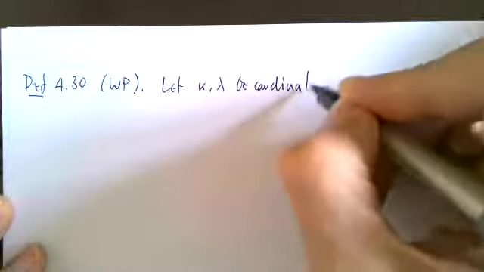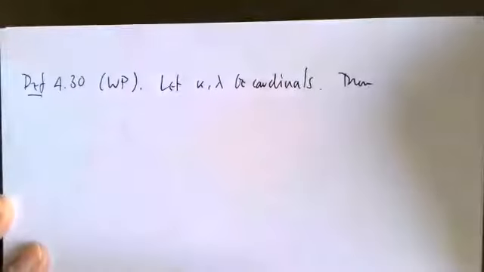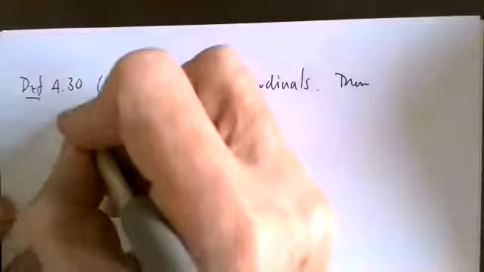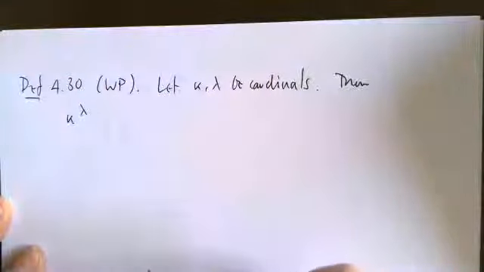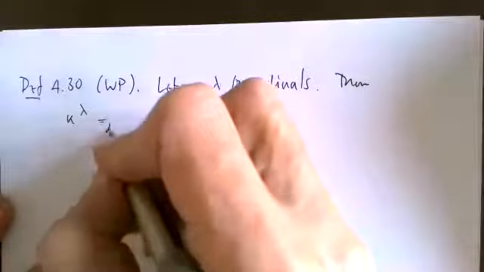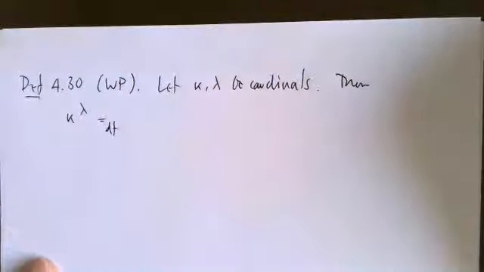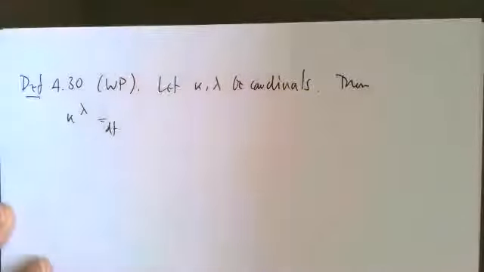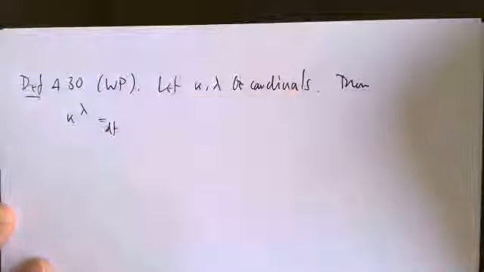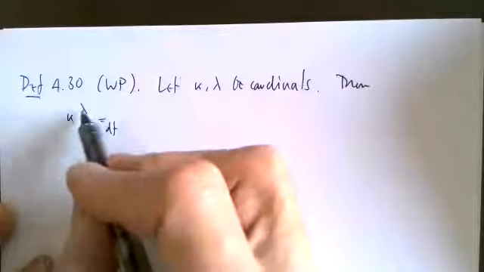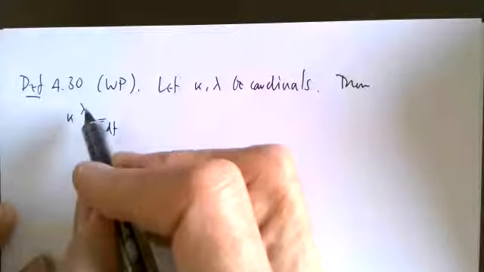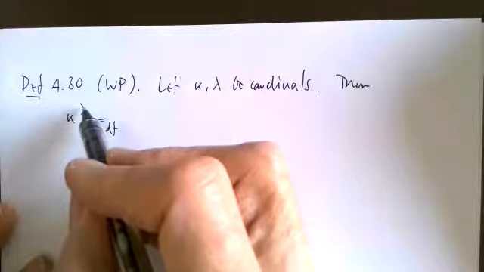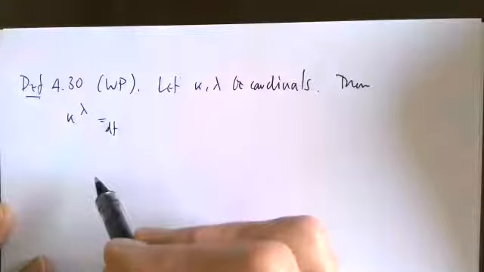So I take two cardinal numbers, kappa and lambda. Now we define kappa to the power lambda. And in the spirit of how we defined additions and multiplications, we take sets of size kappa and lambda, and we look at the functions from the lambda-sized one to the kappa-sized one.